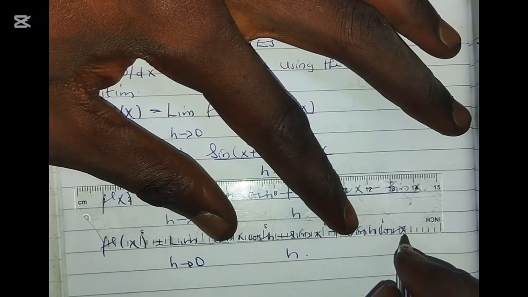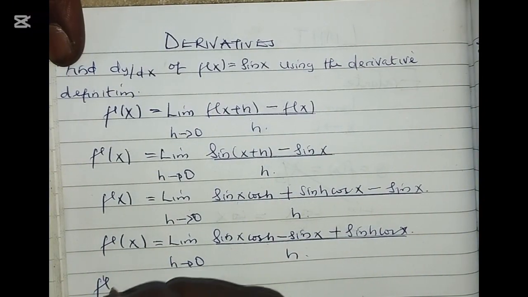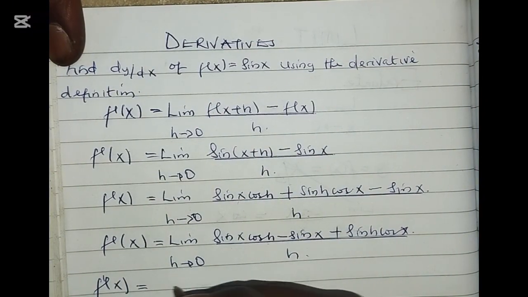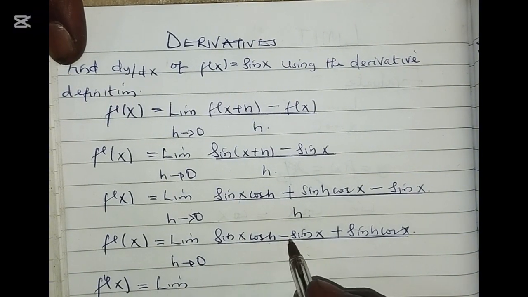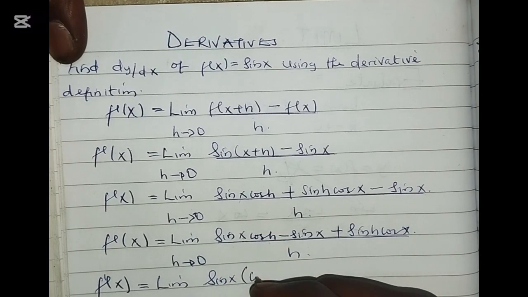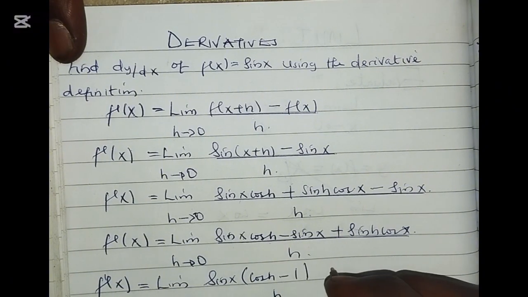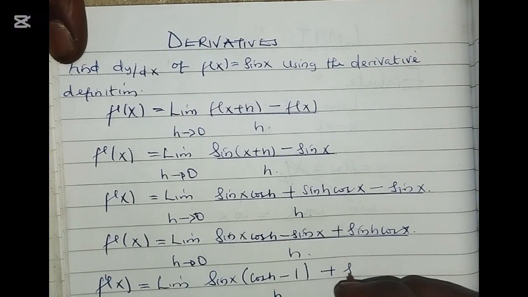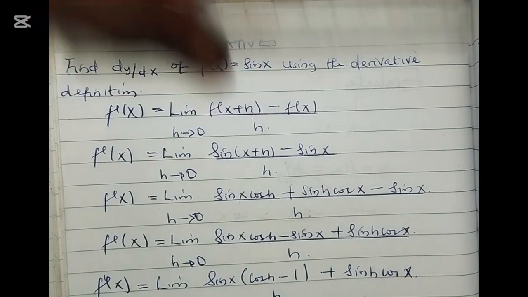I hope you are getting it. So we have f prime of x is equal to the limit as h goes to 0. If we factor out sine x here, we get sine x times (cos h minus 1) over h plus sine h cos x.